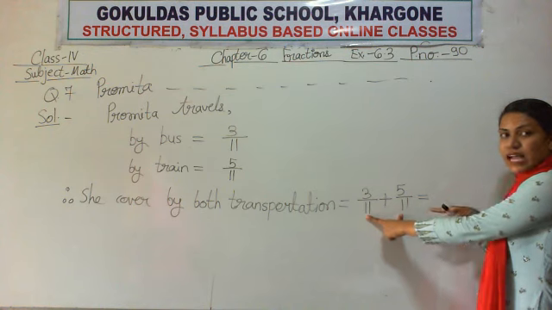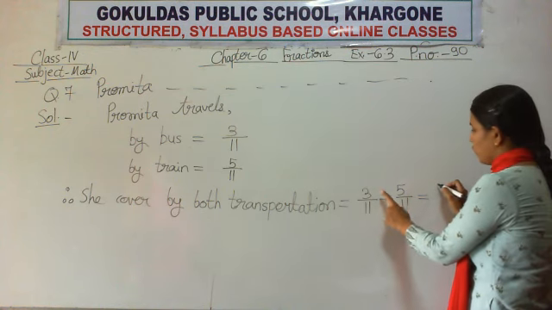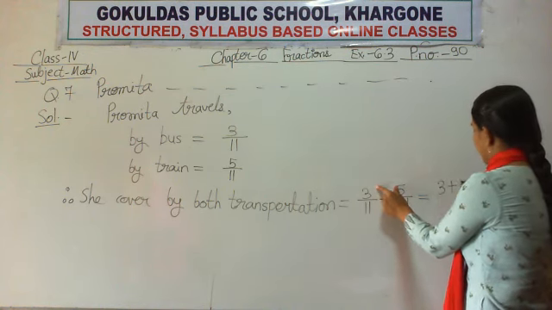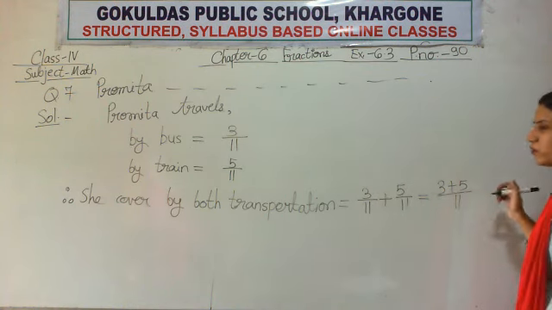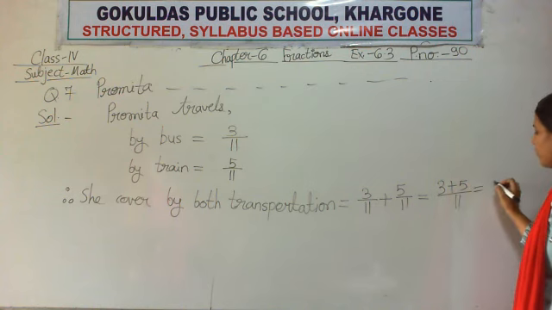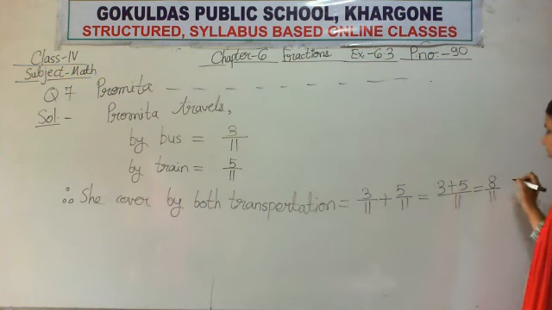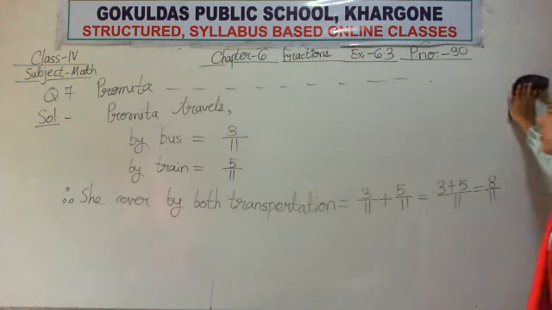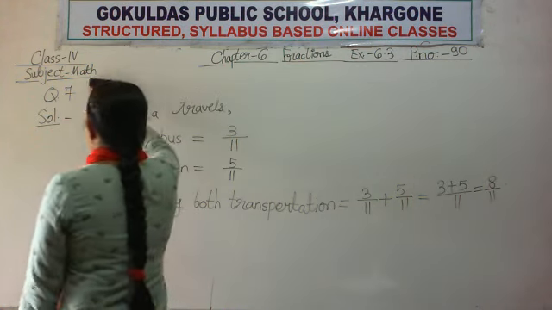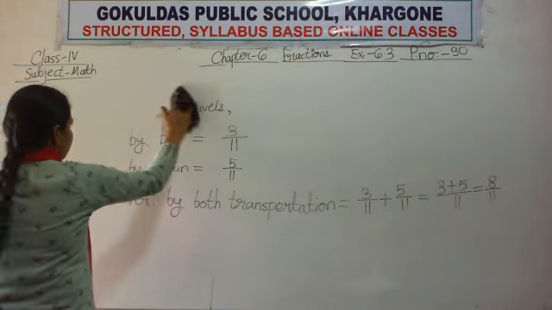Both the denominators are equal. So we will add the numerators together over the same denominator. 3 plus 5 upon 11. Now 3 plus 5 is 8 upon 11. So she covered distance by both transportation is 8 upon 11. So this question is covered here. Now question number 8, which is the last question of the exercise.